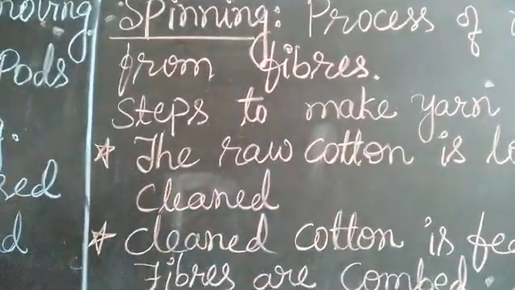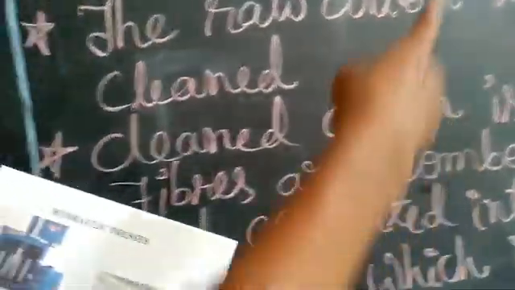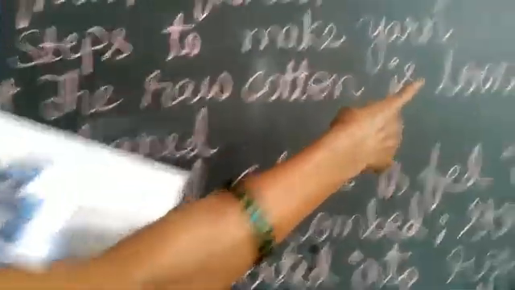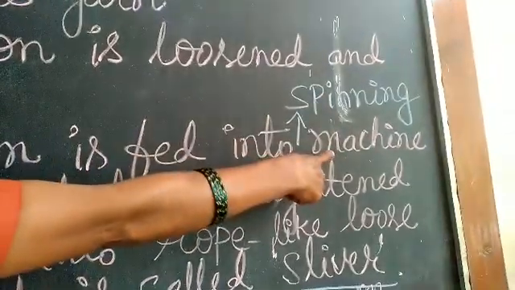I will tell in the next step how yarn is made from fibers. It is stretched, fed, combed and cleaned first. The raw cotton is loosened and cleaned, and the cleaned cotton is fed into spinning machines.